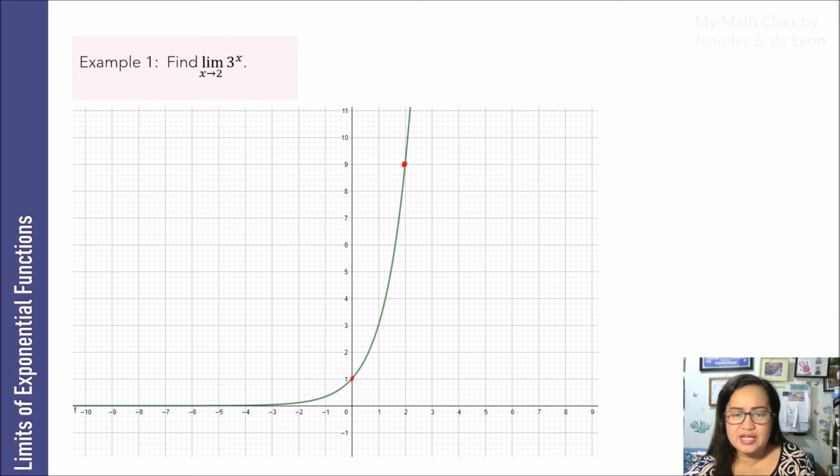As you can see, this point has coordinates (2, 9). So we can see that as x approaches 2 from the left, we have 9. As x approaches 2 from the right, we also have 9. So therefore, it's really equal to 9. Okay?